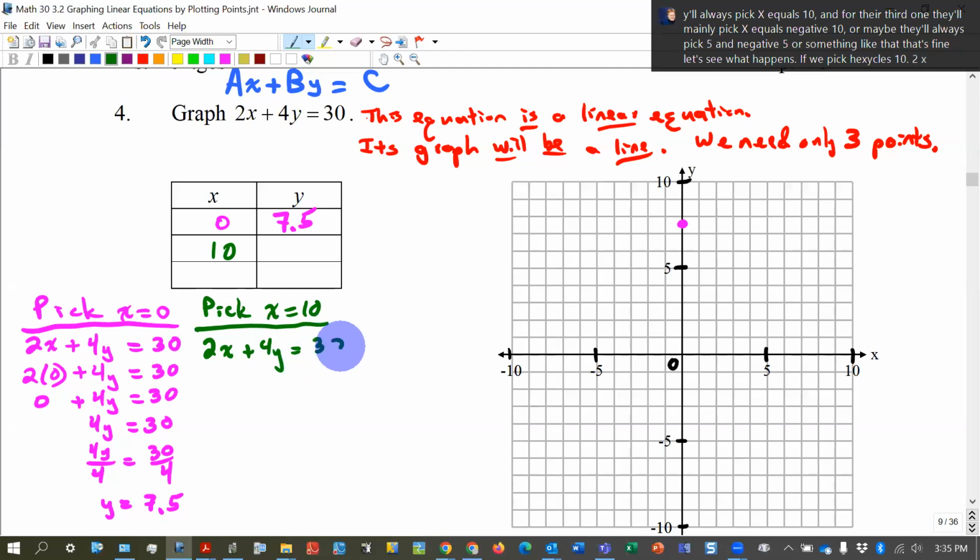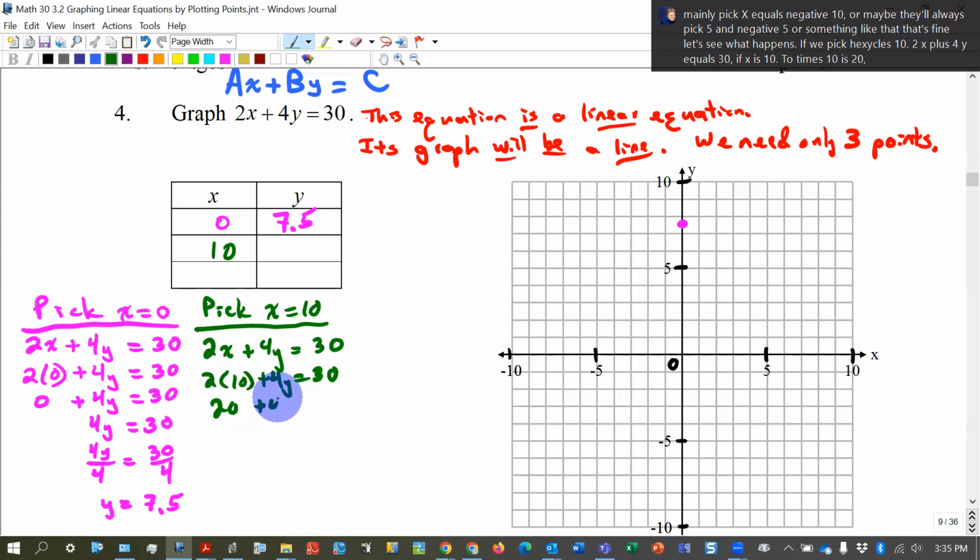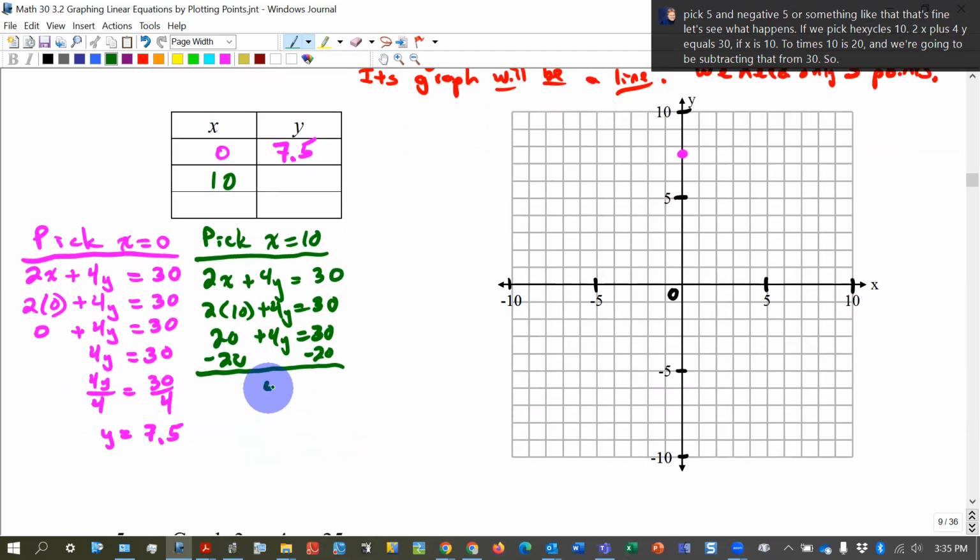2X plus 4Y equals 30. If X is 10, 2 times 10 is 20. And we're going to be subtracting that from 30. So we get 4 times Y is 10.